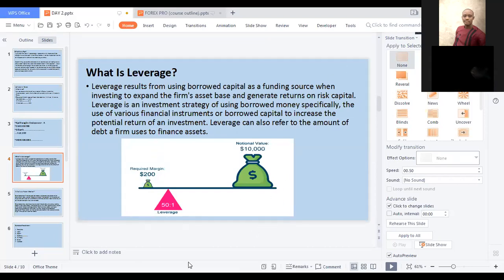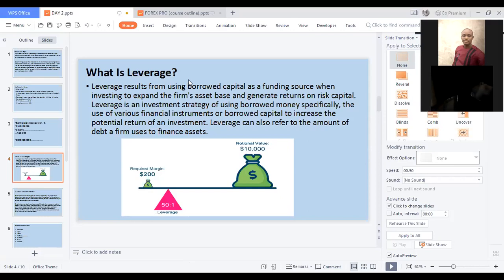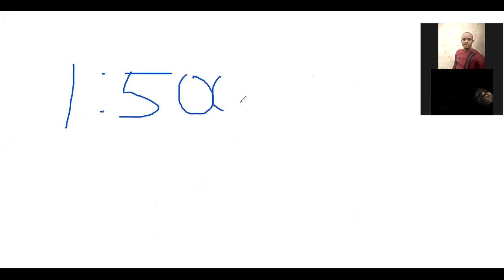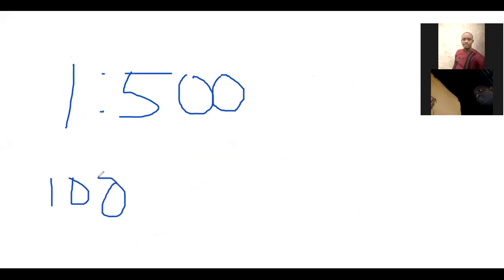Let's go to my board, please. I'll say, okay, if I go with 1 to 500, what this means is that if I'm trading with a $100 account, in real life I am saying this is a $100 account.